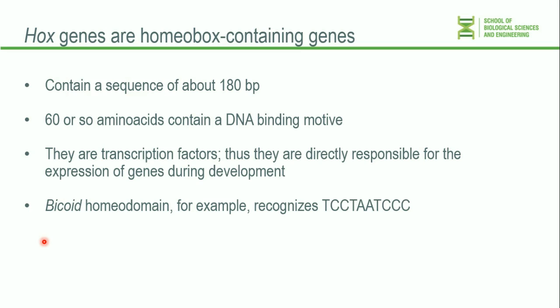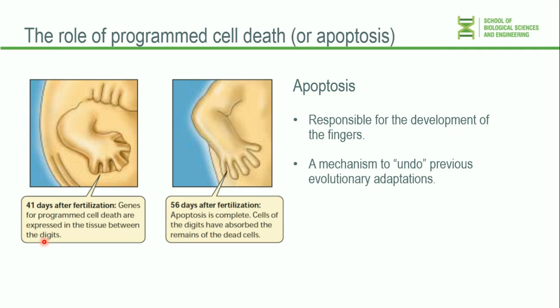But development is actually a little more than just simple differentiation, and it turns out that programmed cell death or apoptosis is also a very important component of development. So any gene that will trigger apoptosis in certain cells is going to be very important as well.